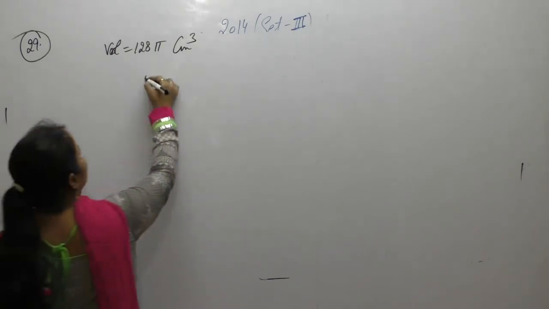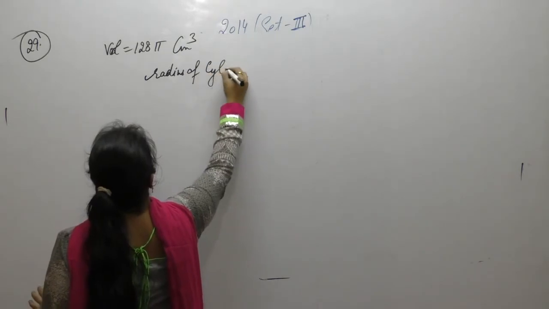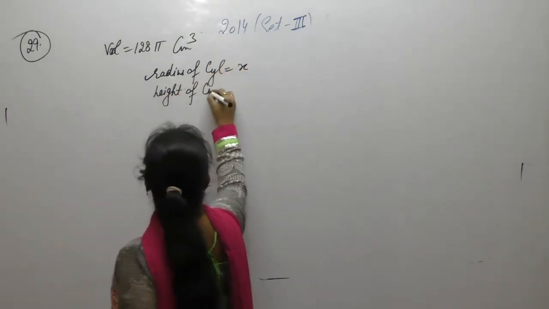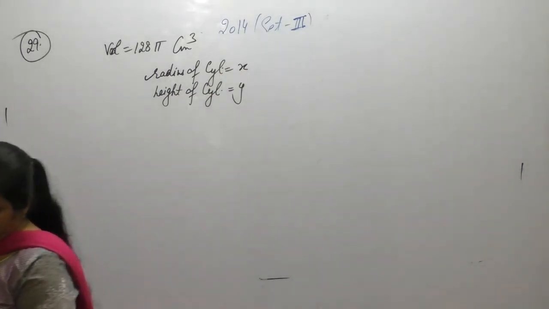Let the radius of the cylinder be x and the height of the cylinder be y.